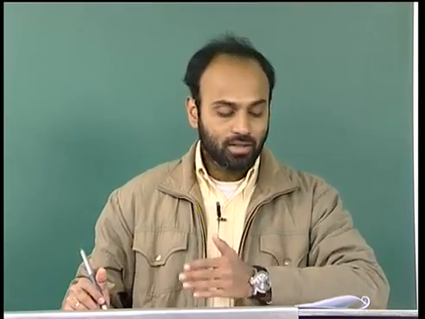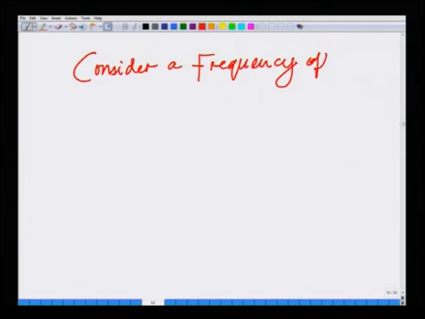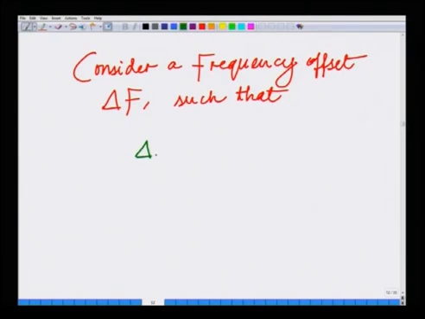So, we start by considering a frequency offset delta f, such that delta f divided by B over N, the subcarrier bandwidth, equals epsilon.